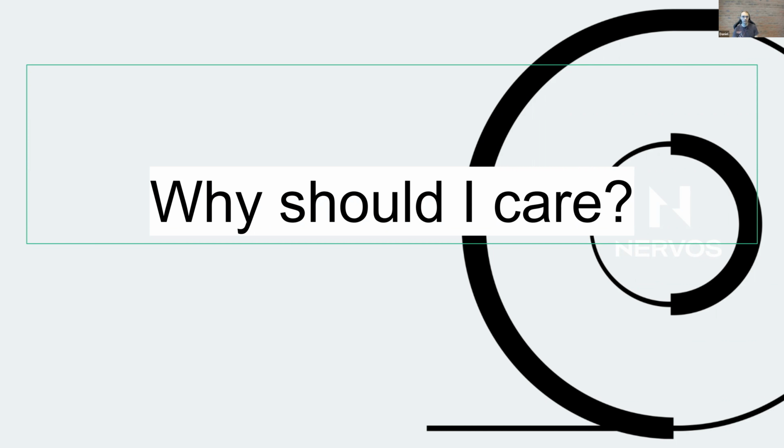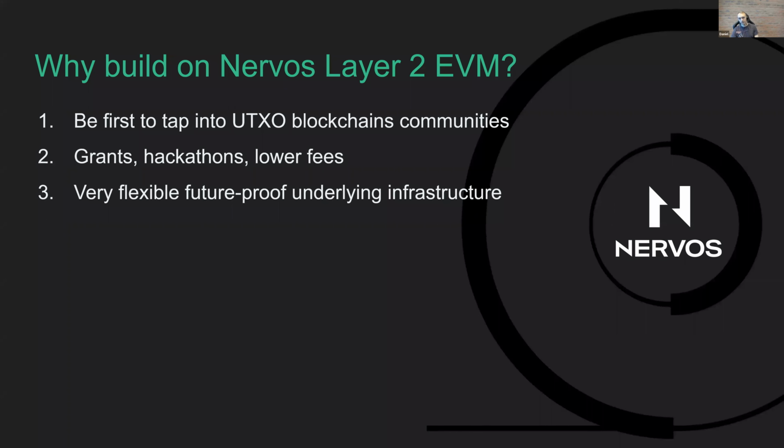In Solidity, people are familiar with how Solidity works, but if you actually tried to program on Nervos or on Cardano, it might be a little bit counterintuitive at first, because the tooling is still less mature than on Ethereum, but still the community is huge. So I think tapping into this UTXO blockchain community using familiar tooling is one thing, because you have a first mover advantage at this point to enable these people to build on Godwoken.